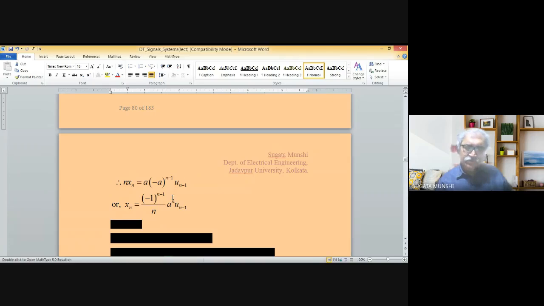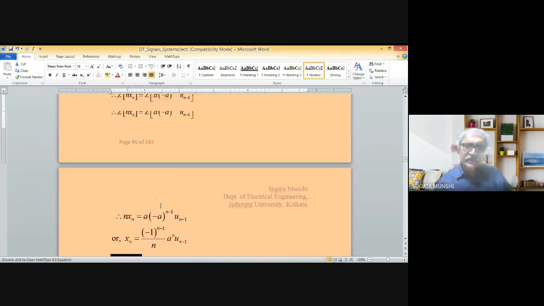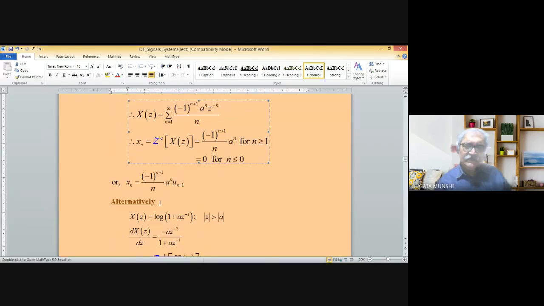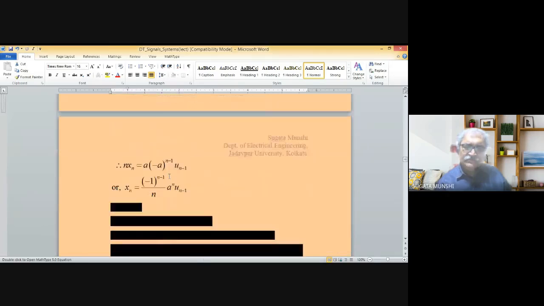It may appear to you that x[n] obtained by this method and the x[n] obtained by the earlier method are different. But it's not so. If you try to generate the sample values of x[n], x[0], x[1], x[2], x[3], x[4], all these things, you will see that x[n] using that expression is the same as x[n] using this expression.